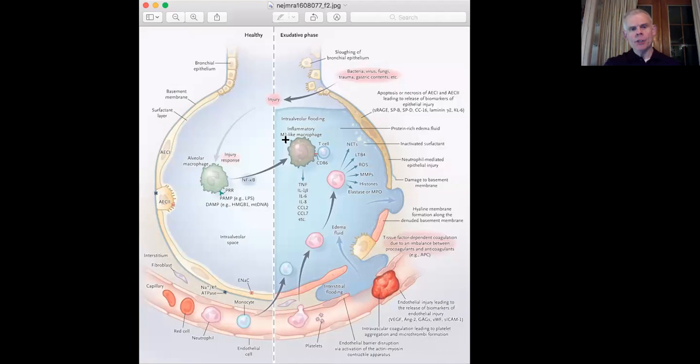So the macrophages now are activated, and the macrophages begin a cascade of reactions. For tonight, three molecules in this cascade. One of these is going to be tumor necrosis factor alpha, TNF amongst friends, and interleukin-2 and interleukin-6.